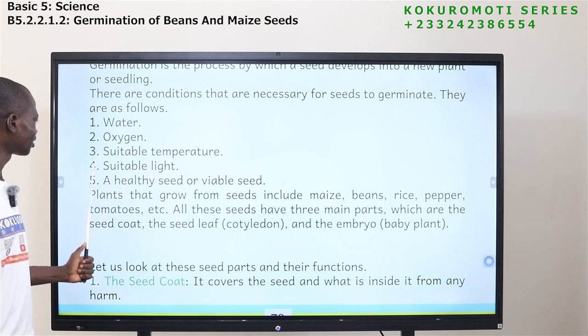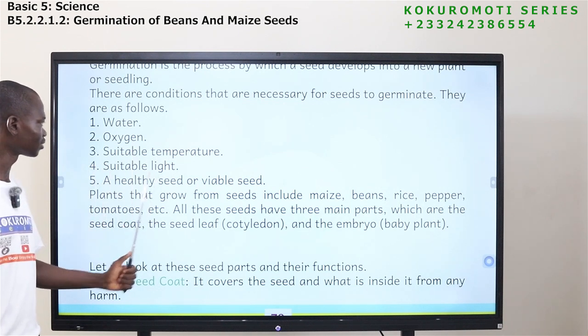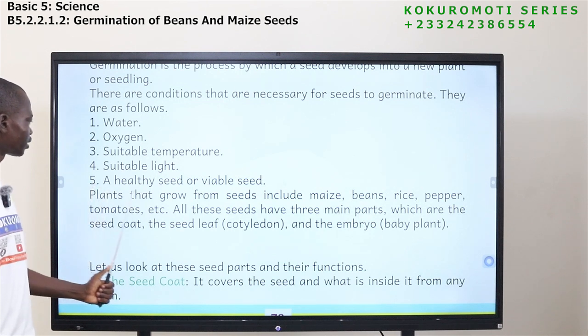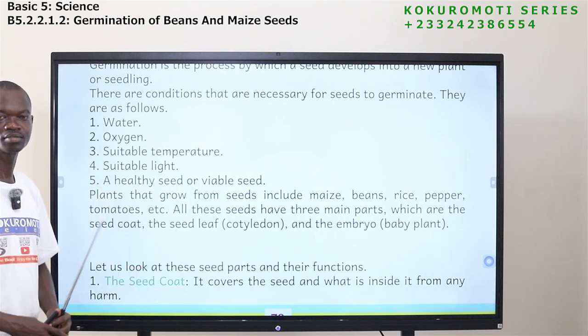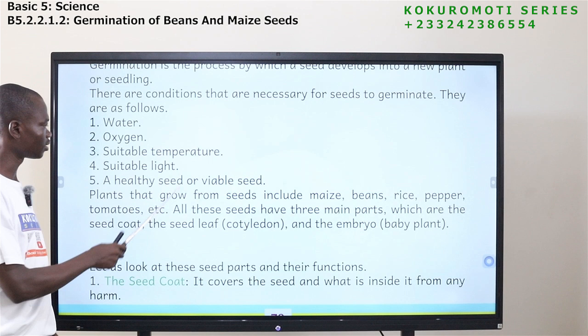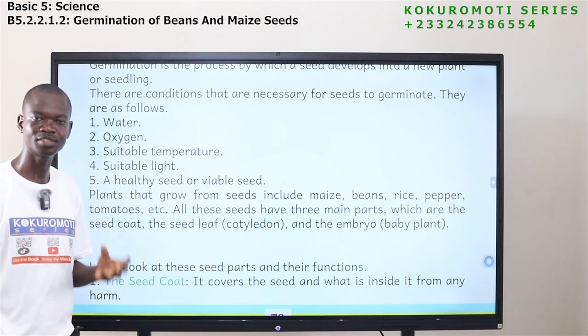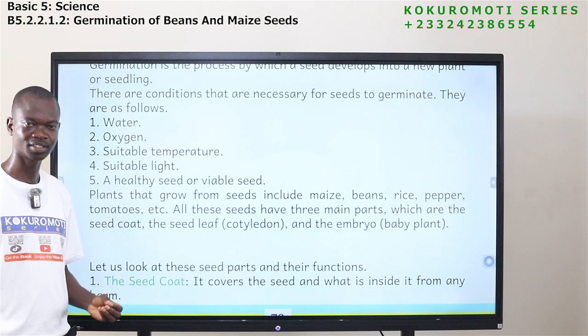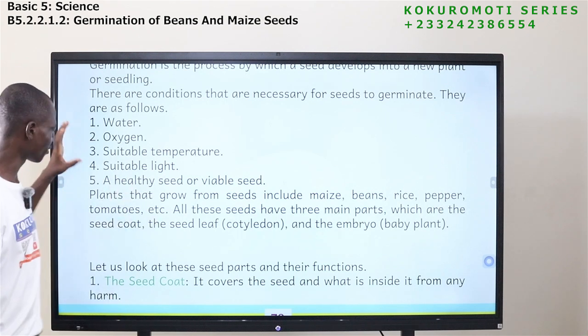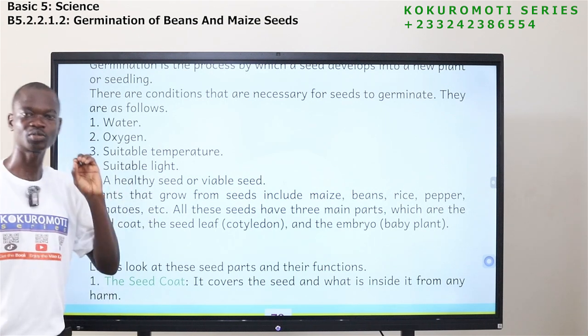And what again? Suitable light. It also needs a healthy or viable seed. So these are the things that seeds need before they can germinate. These five things are so necessary.